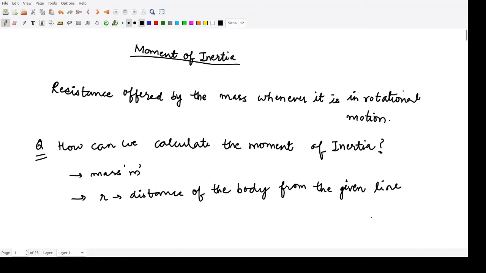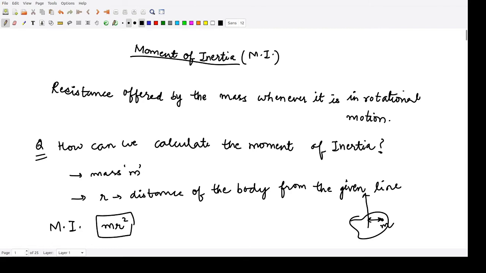Suppose we have some body and we are to calculate the moment of inertia of this body about this line. Say this is the particle and this is its mass, and whatever is the perpendicular distance of this point to this line, that is r. In that case, its moment of inertia I is calculated by the expression m r square. This is for one particle.